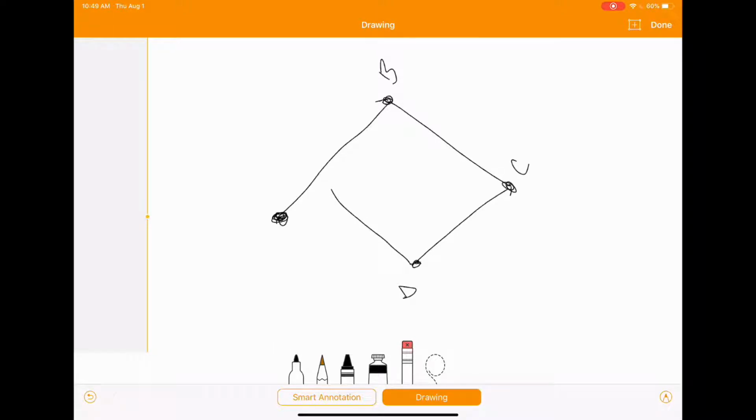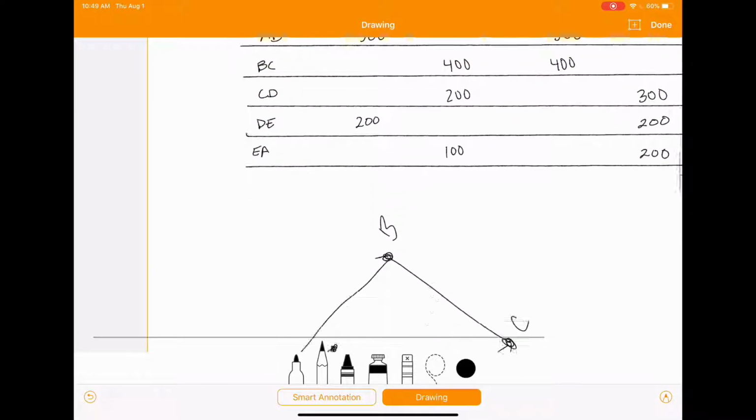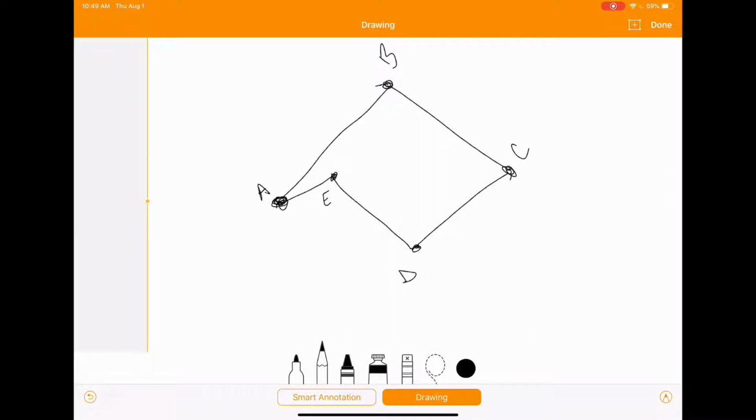So this is what our traverse looks like. And what this coordinate method does is it sets up an axis. And so this point over here, you're going to call 1,000, 1,000, or any point on the traverse. I just like to start with the point that is on the most left-hand side. That way you're just adding as you go right.